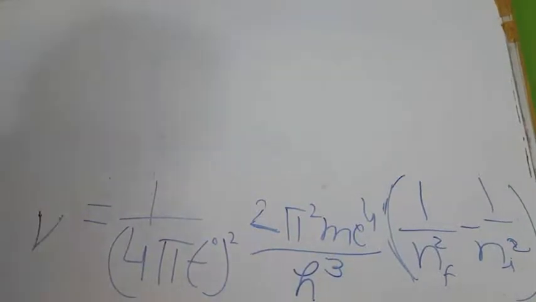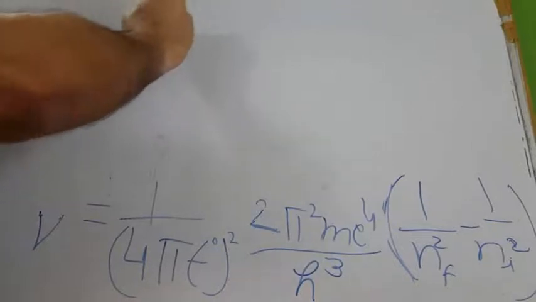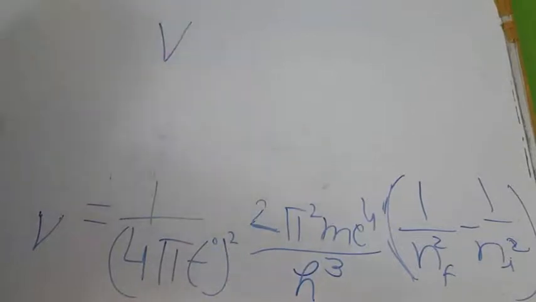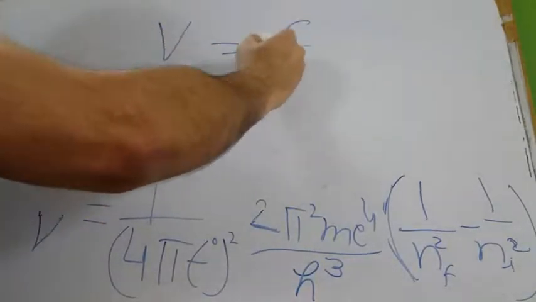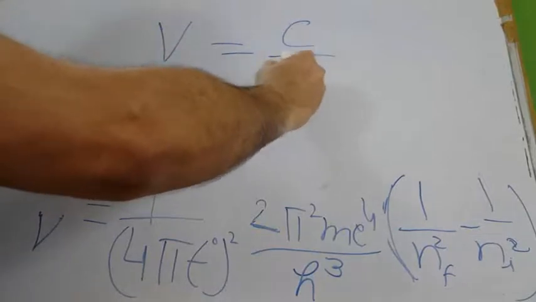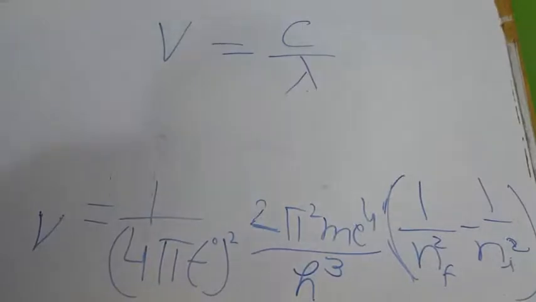Nu is the frequency of the electromagnetic wave, and you know that it is c upon lambda, where lambda is the wavelength and c is the speed of light.